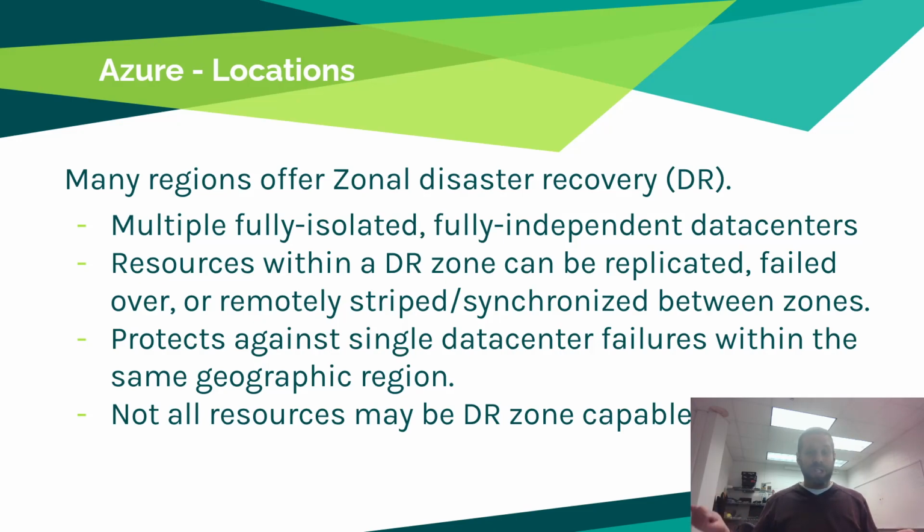It's going to be more expensive than just saying my data only exists in one data center. And if that data center gets taken out, well, then my data is probably gone, at least until Microsoft can get a backup running. So what you pay for is up to you to figure out. And just watch out, just don't assume that because there is a resource, it will automatically be zone capable and be able to be set up in that way.